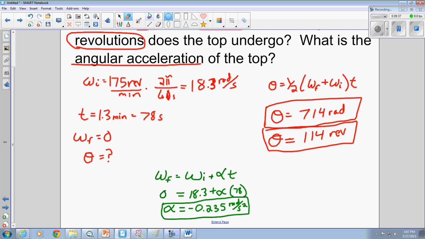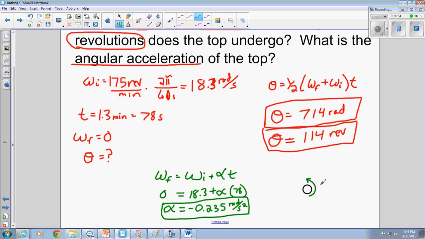Why is it negative? Well, let's look at a top view of our top. That's our top spinning around, and we are saying that it's spinning with a positive angular velocity to start.